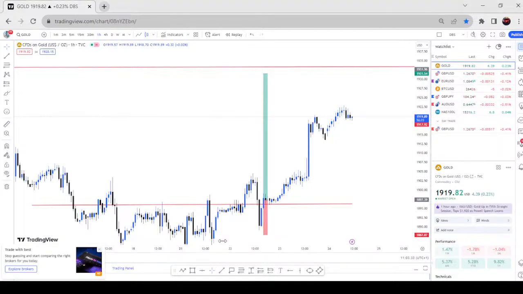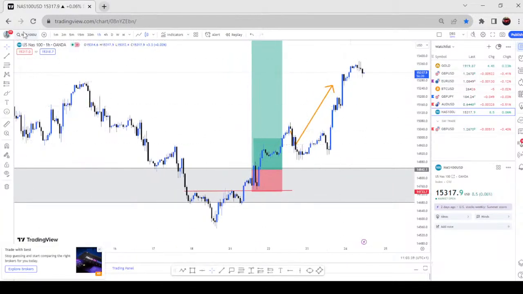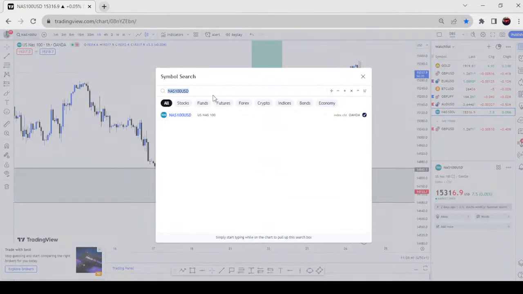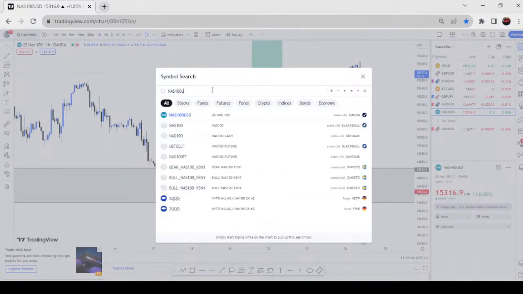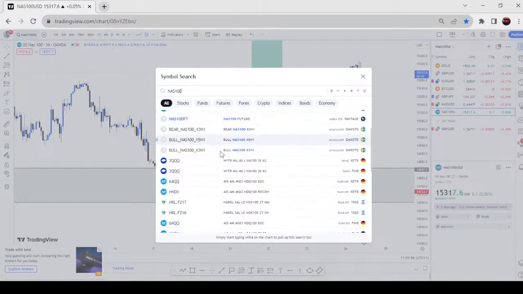Okay, this is NAS 100 on a swing analysis. So I'm going to come here and look for another NAS 100. This is NAS 100 from Oanda. So I'll pick another very popular broker that has NAS 100.